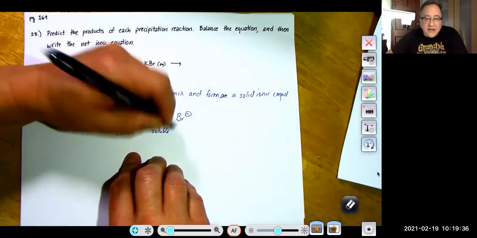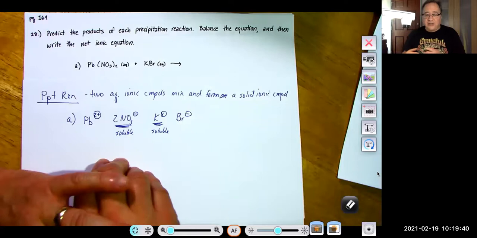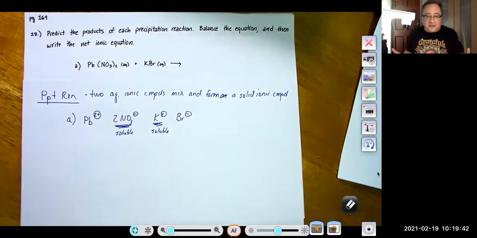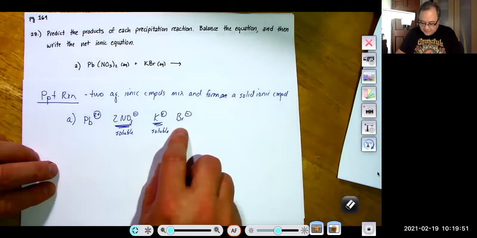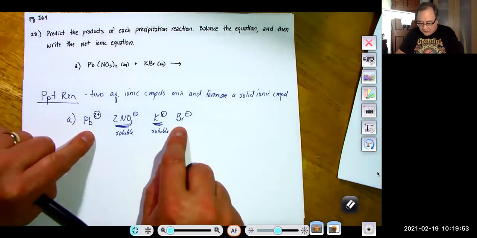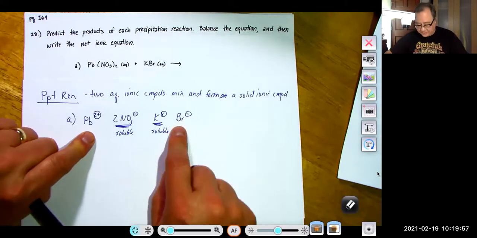So if they're soluble, they can't be in a solid that forms in solution. Because if that solid did form in solution, it would immediately dissolve. So guess what? It never forms. So if this is a precipitation reaction, it has to be between these two. And we have to think about, well, what would be the proper formula of a solid with these two?